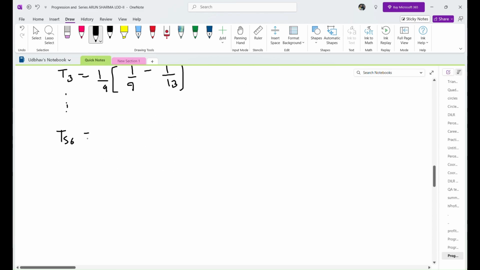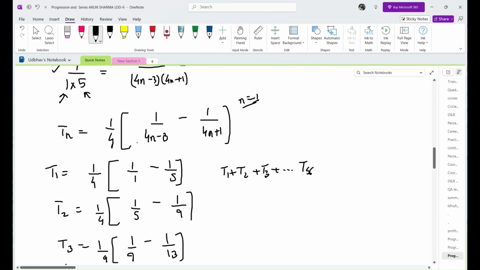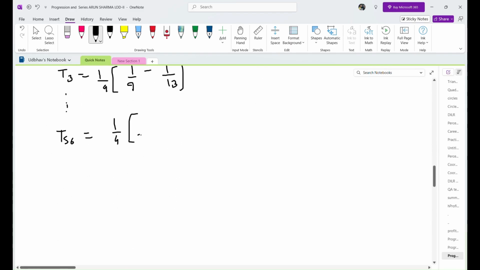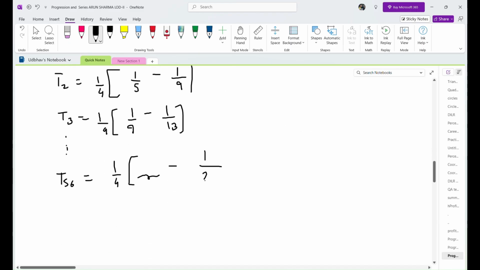So what will be the T56 here? 1 upon 4. Just put the 56 value in this formula. We don't care about the first term because it will get cancelled eventually. We just care about the latter one. 4 into 56, 224 plus 1, 225.